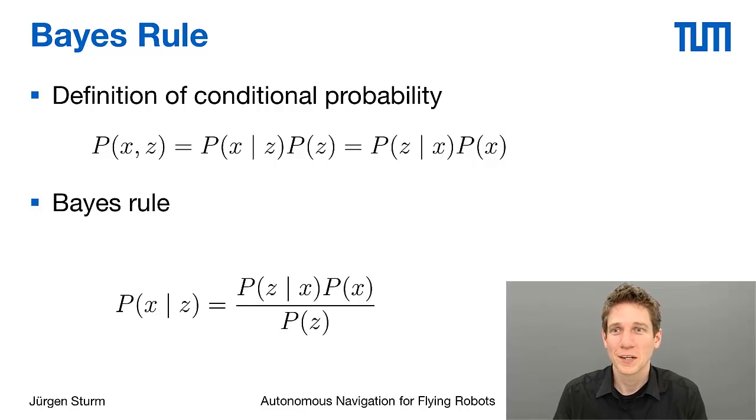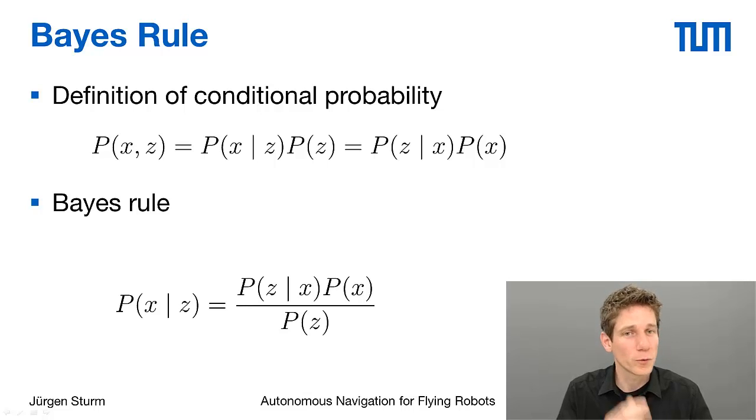So Bayes' rule directly follows from the definition of conditional probability. Remember from the previous video that we can write the joint probability as the product of the conditional probability times the prior. So, for example, we can factorize the probability of x, z into the conditional probability of x given z times the probability of z.